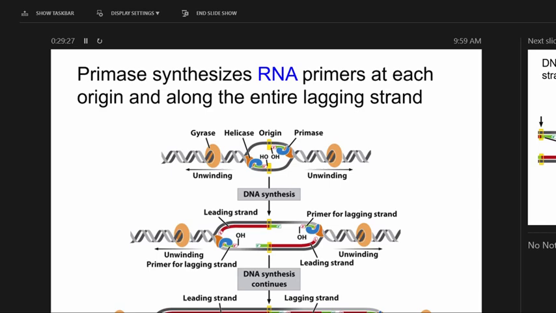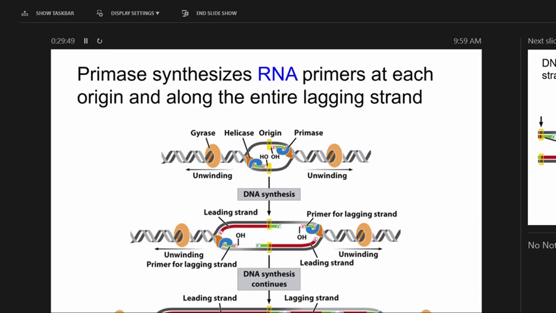So in order for the DNA polymerase to synthesize DNA, we saw it needs template DNA, it needs a free 3' hydroxyl end at what's called a primer template junction.